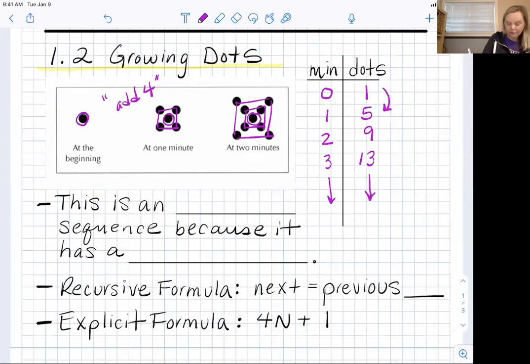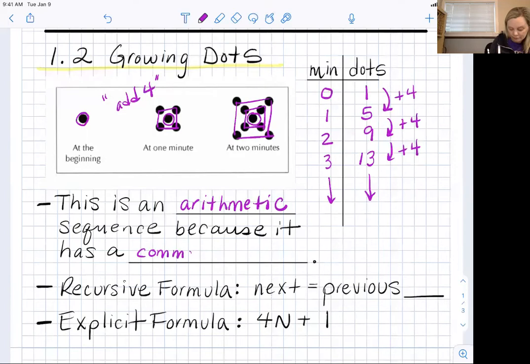So we looked at the table this way and said, hey, looks like every time, which is what we saw from the picture as well, but we can see it in the table, that we added 4 each time. So this type of sequence is called an arithmetic sequence, because it has what we call a common difference.